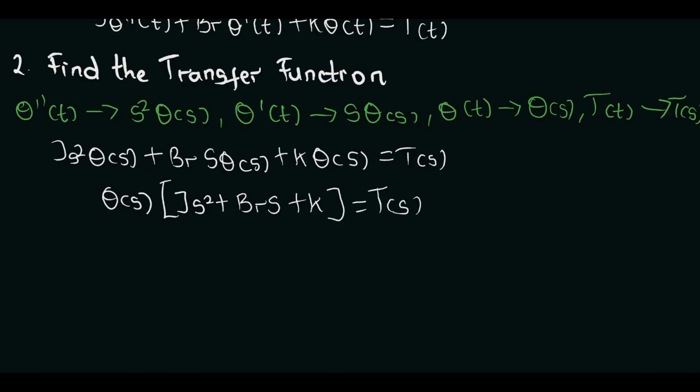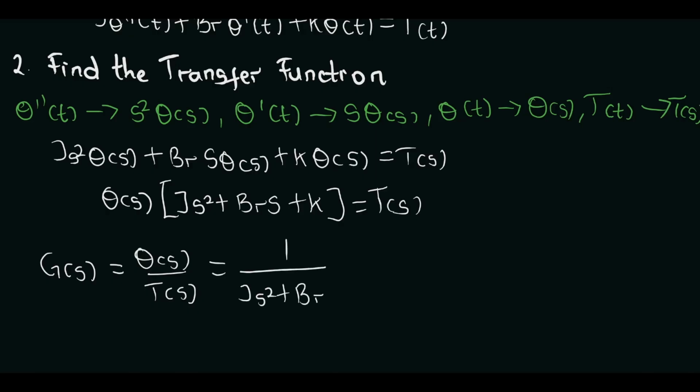And now your transfer function G of s equals your theta of s over T of s. That will be equal to 1 over J s squared plus B_R s plus K. So this right here is your transfer function.